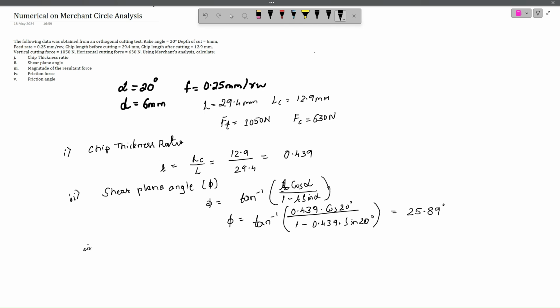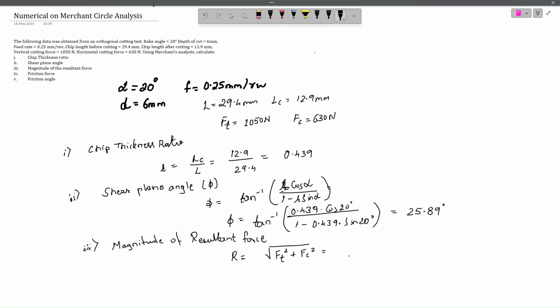The next parameter is the magnitude of the resultant force. We can calculate the magnitude of the resultant force as the square root of Ft squared plus Fc squared, that is, the square root of the summation of the squares of the two cutting forces.